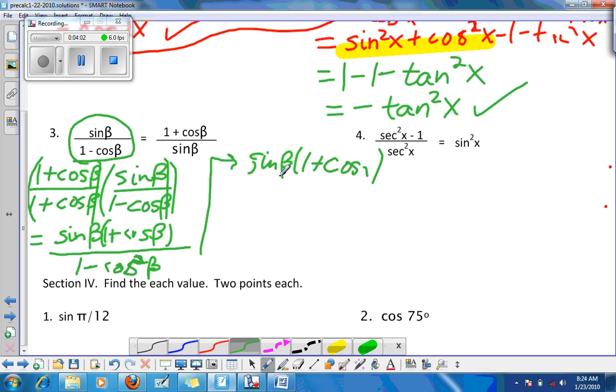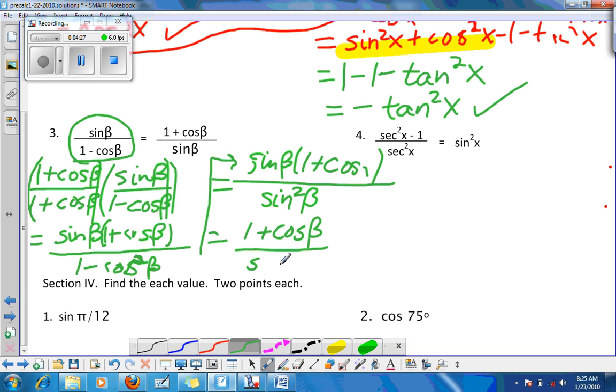My denominator, 1 minus the cosine squared of beta, is equal to the sine squared of beta with my Pythagorean identity. So I can cancel now 1 sine in the numerator with 1 sine in the denominator, and that leaves me with 1 plus the cosine of beta divided by the sine of beta, which is what I needed.